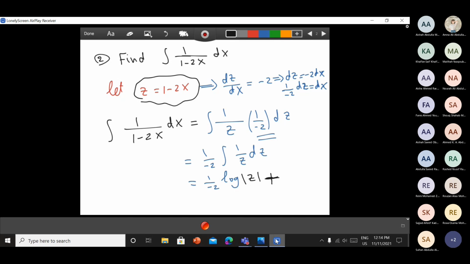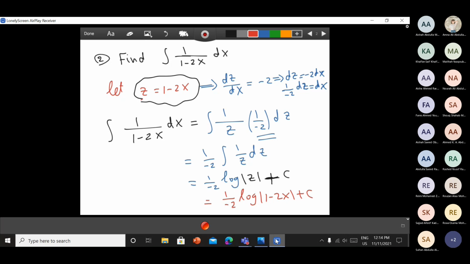Now I pass the bridge, I will get back to my original variable, which is x. So z will be replaced in terms of x. So log the absolute value of 1 minus 2x plus c.